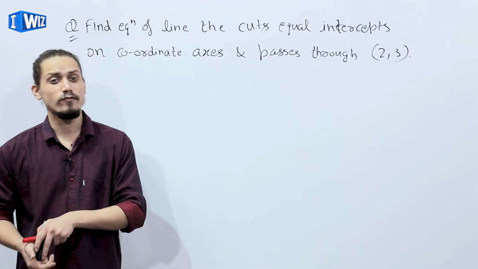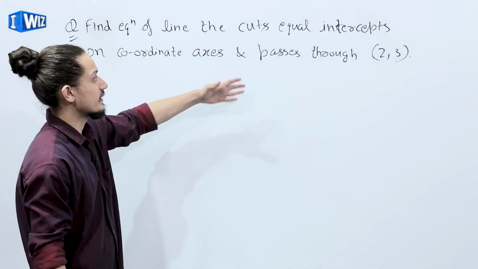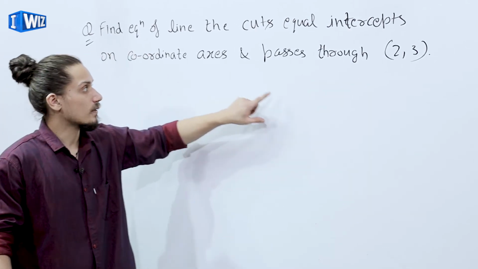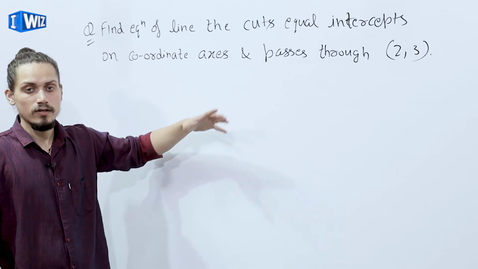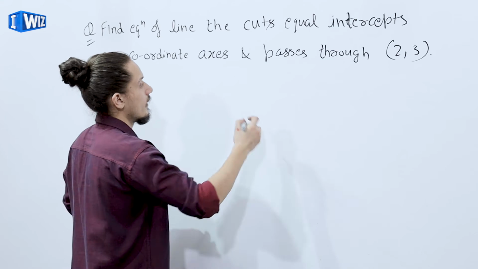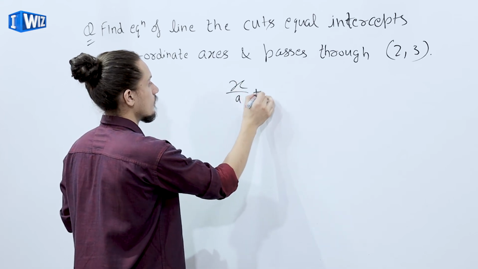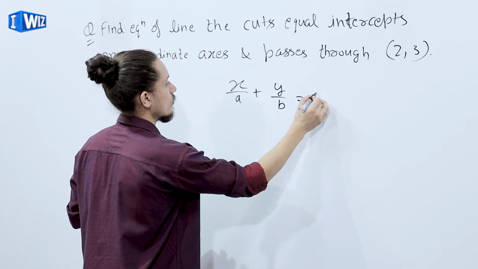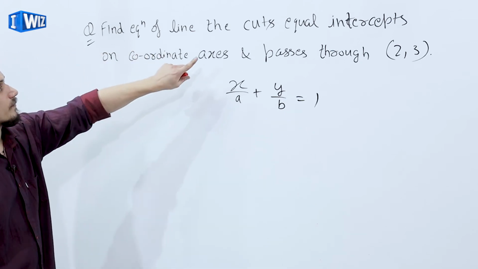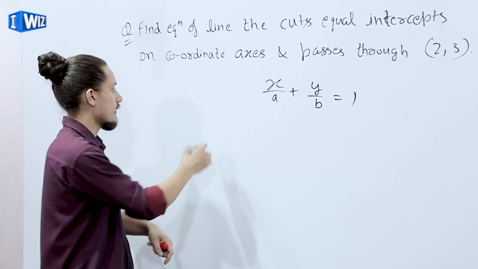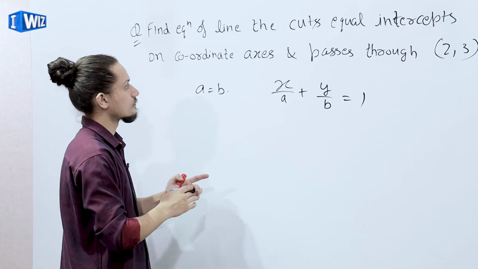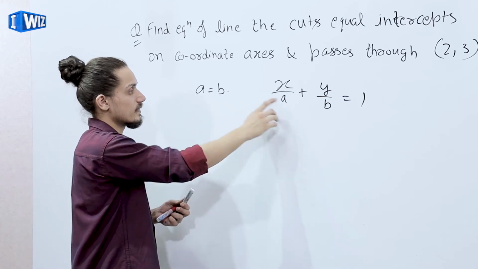Next example is we have to find the equation of line that cuts equal intercepts on the coordinate axes and passes through the point (2, 3). Meaning it intercepts both axes, so we will use the intercept form, that is x/a plus y/b is equal to 1. We will use this form to find the equation of line. Now it says it cuts equal intercepts, meaning a is equal to b, which is given to us. So we'll use this in this equation.